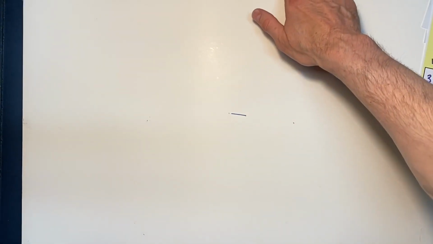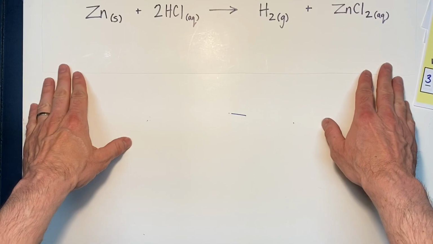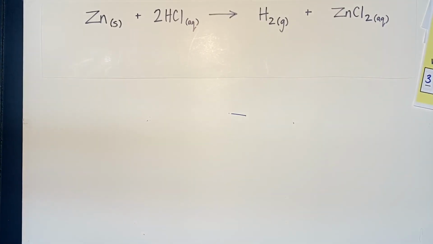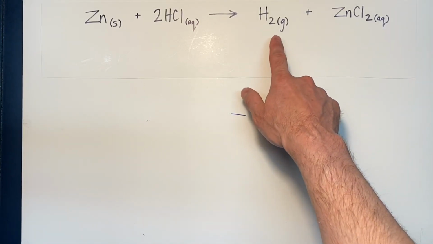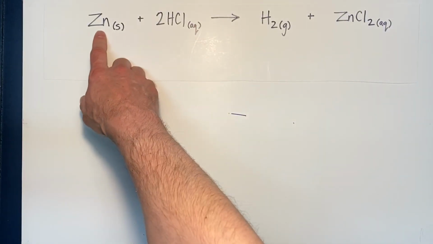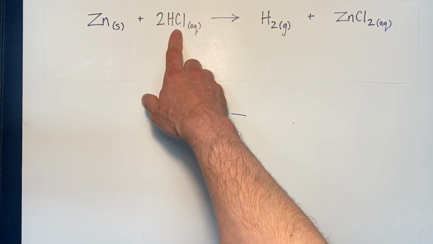Let me model how to solve a mass-to-mass problem. Here we have a balanced chemical reaction, and this chemical reaction is one that every chemistry teacher at West uses. This is how we generate hydrogen gas for demonstration. See this? We have solid zinc metal and clear colorless hydrochloric acid solution.